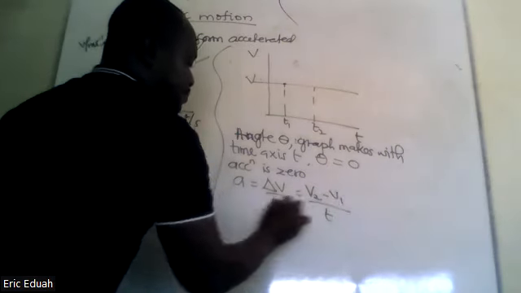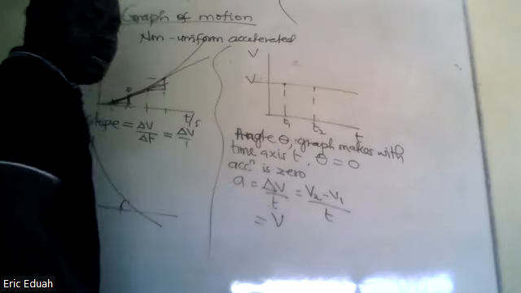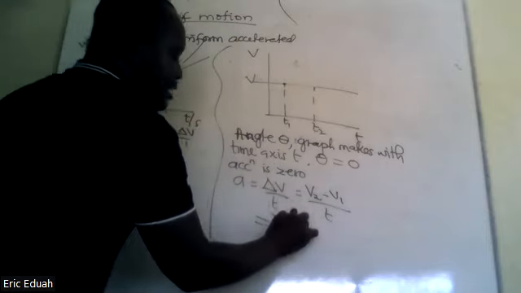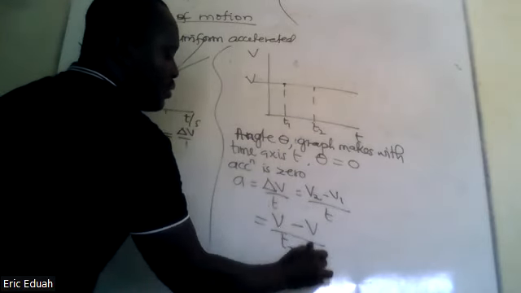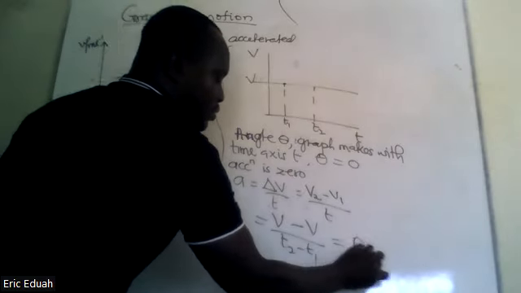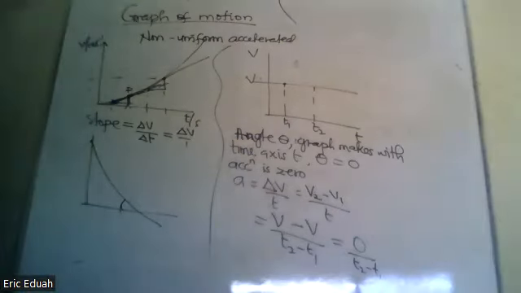Don't forget. What is the final? V, the same V. What is the initial? The same V. But the time interval is T2 minus T1. The numerator is 0. The denominator is this. Because there's no change, the body will never accelerate.